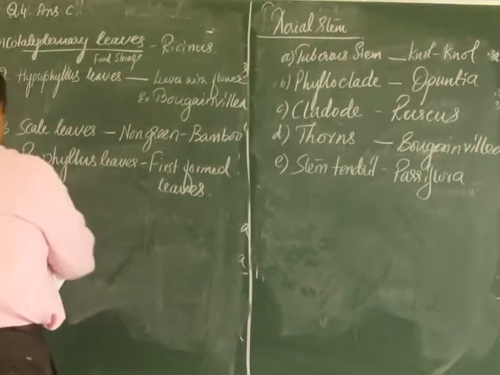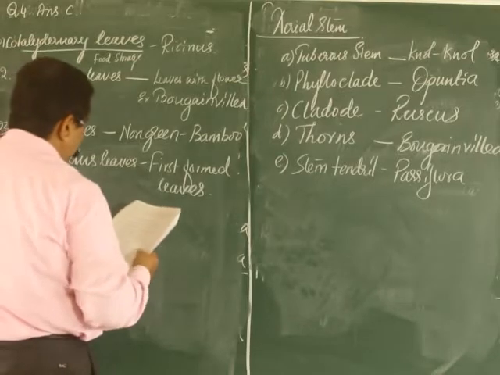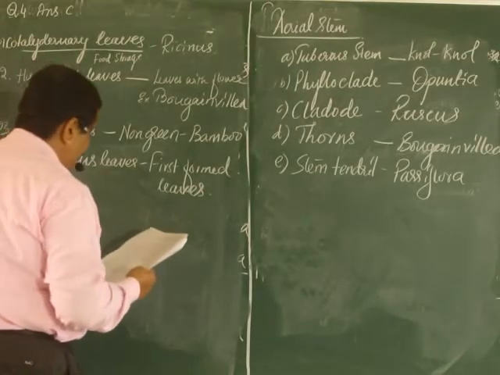Then cataphylls, as I already told you, they are non-green, found in underground stem.